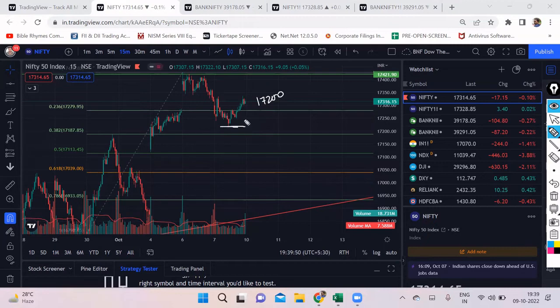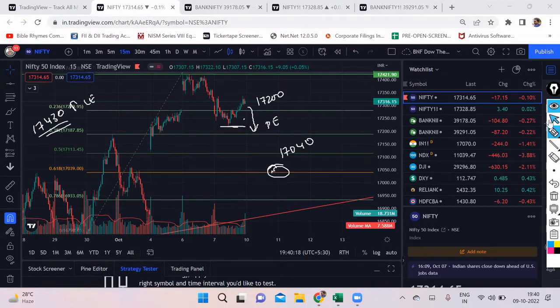If this breaks, then we'll take a put for the target of 17,040. And on the upside, we'll only trade when it crosses 17,430. Other than that, we'll not take any call trade as of now. So that's how our plan is.